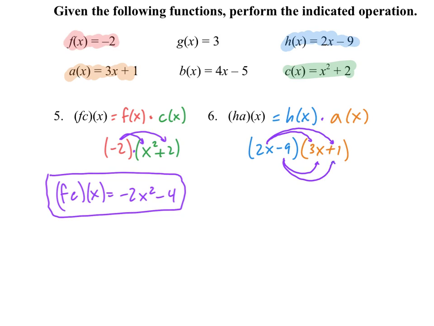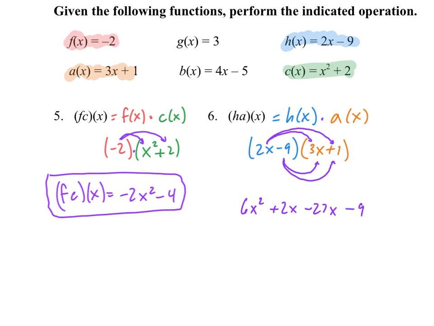So 2x times 3x, so 2 times 3 is 6, and then x times x is x squared. 2x times 1 would be positive 2x. Negative 9 times 3x would be negative 27x's, and negative 9 times 1 would be negative 9.